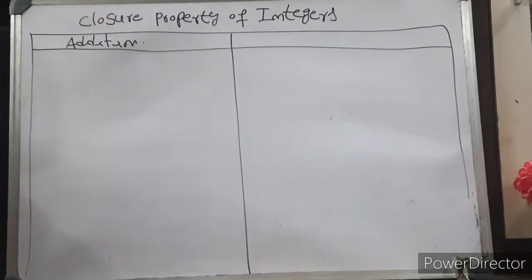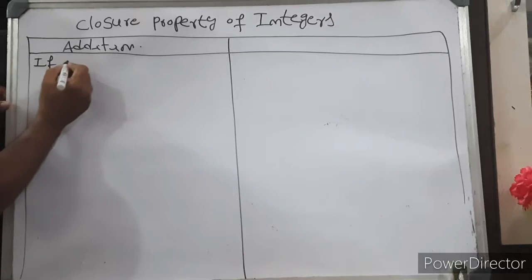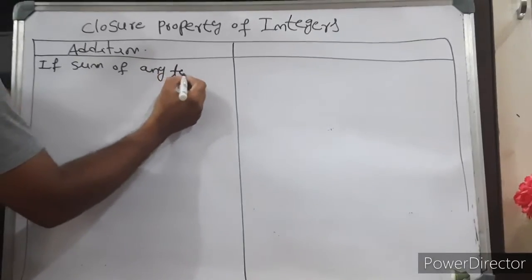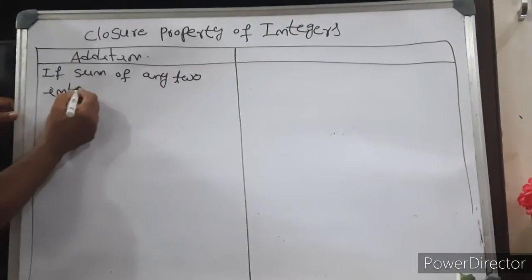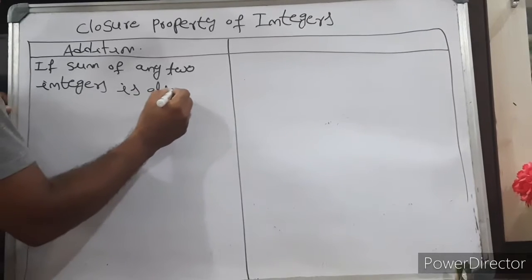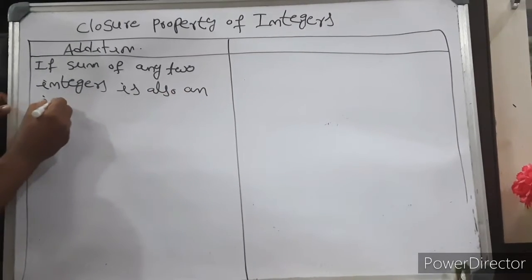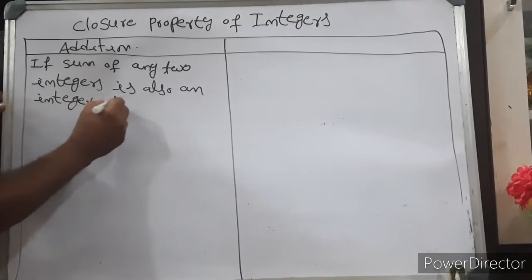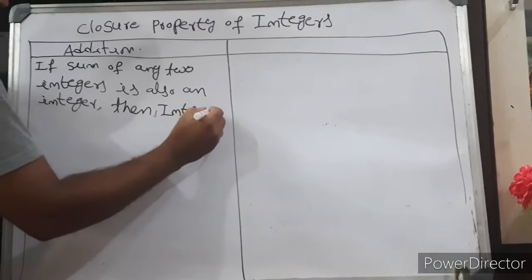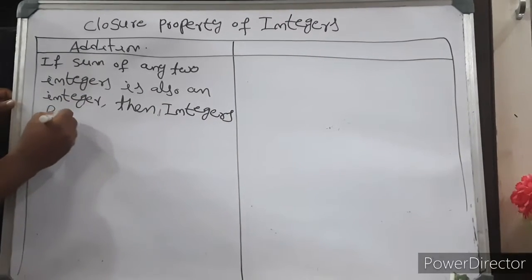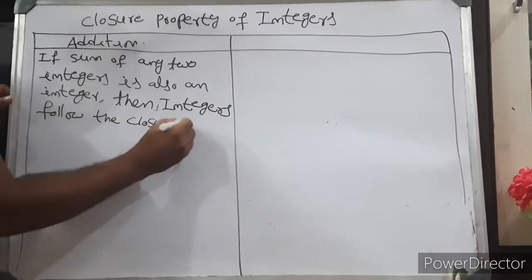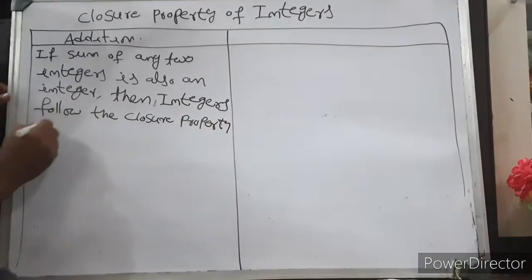That means here, if the sum of any two integers is also an integer, then integers follow the closure property under addition.